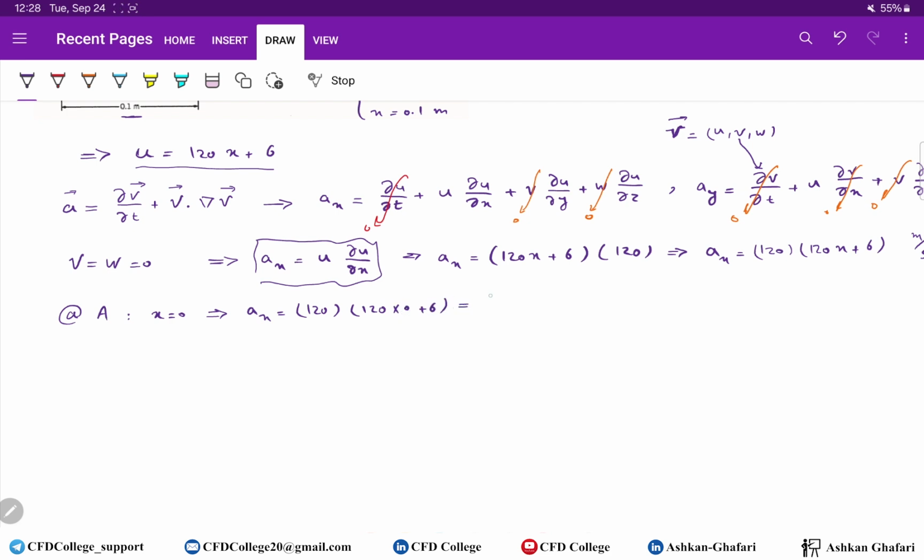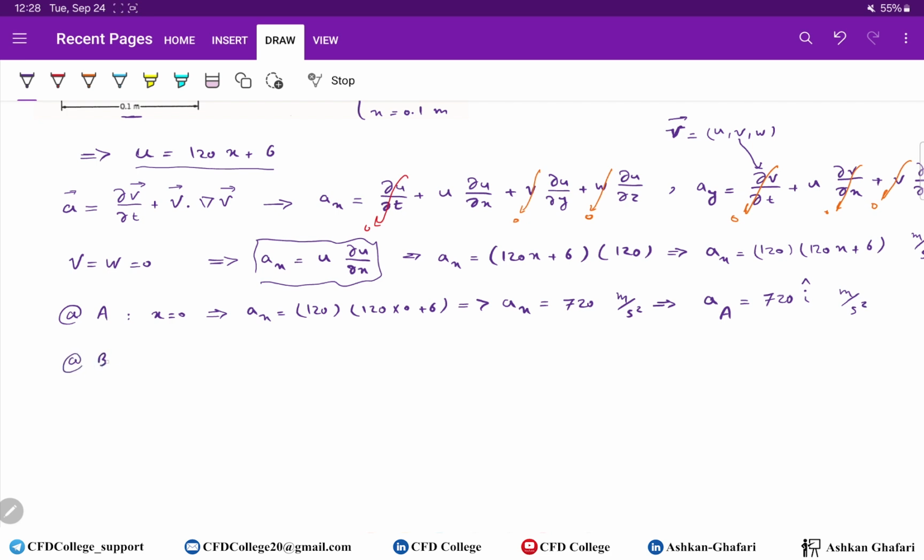So at point A, the acceleration in x direction is equal to 720 meters per second square. So acceleration at point A equals 720 in x direction, i, meters per second square.